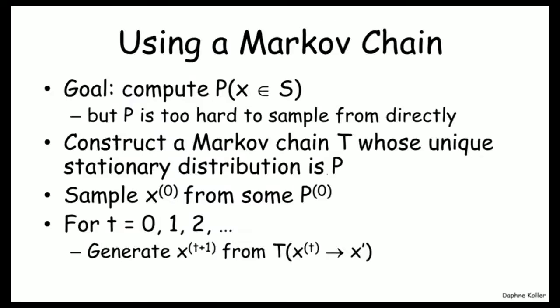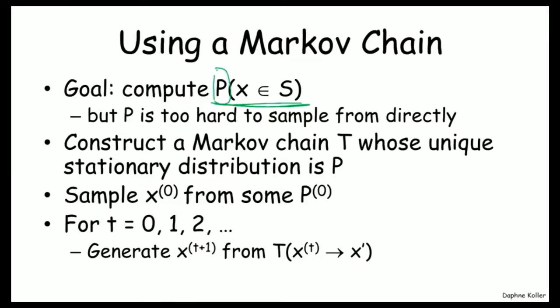Well, let's imagine that somebody has provided us a Markov chain for a distribution, and imagine that our goal is to compute some probability relative to a distribution P. But for whatever reason, P is too hard to sample from directly. And so how do I use a Markov chain to get around that?